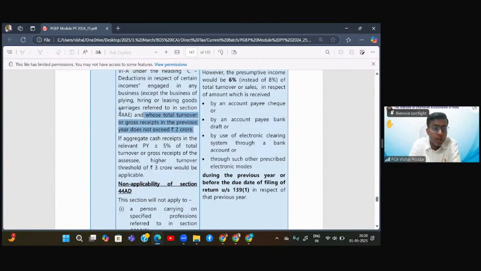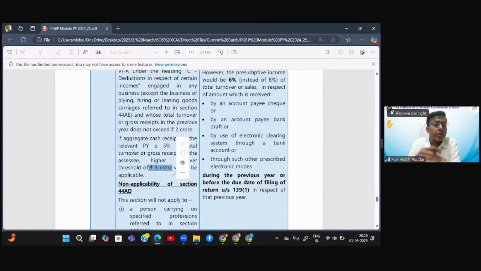Now, importantly, again, in order to promote cashless economy or everything through banking channel, they have given one more condition, that where in the previous year, your total turnover, gross receipts, 95% or more is through banking channel, that is, less than 5% or up to 5% is only in cash, we will increase this limit to 3 crores.